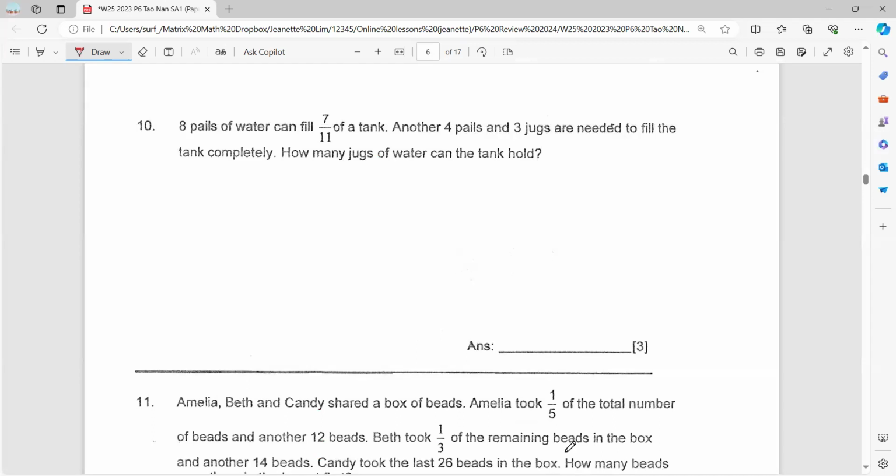Number 10. 8 pails of water can fill 7/11 of a tank. Another 4 pails and 3 jugs are needed to fill the tank completely. How many jugs of water can the tank hold? Okay, so I'll use a model to illustrate this question.